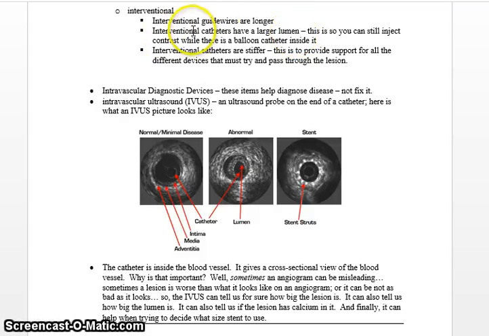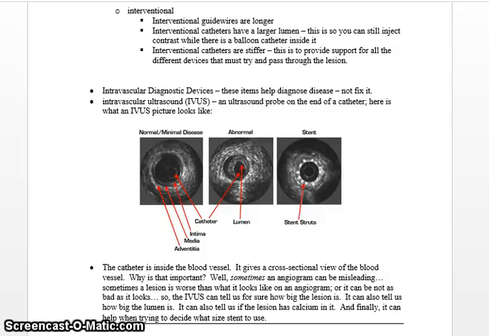But the interventional catheters have a larger inner diameter or lumen. So this is so that you can still inject contrast while there's a balloon catheter inside it. Interventional catheters are stiffer. This is to provide support for all the different devices that must try and pass through the lesion.